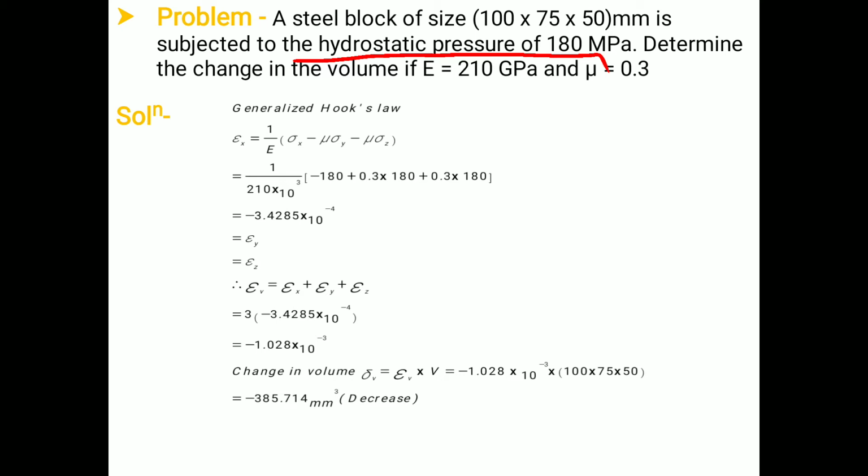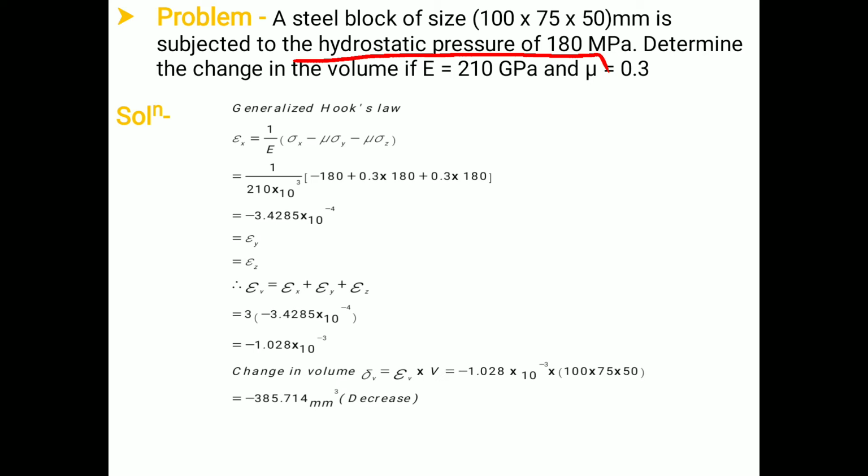First of all we will discuss what hydrostatic pressure means. To discuss the concept, we will consider one example. Suppose any body is immersed in a liquid, then that body is subjected to hydrostatic pressure, meaning all the sides of the body are subjected to equal pressure from all directions.